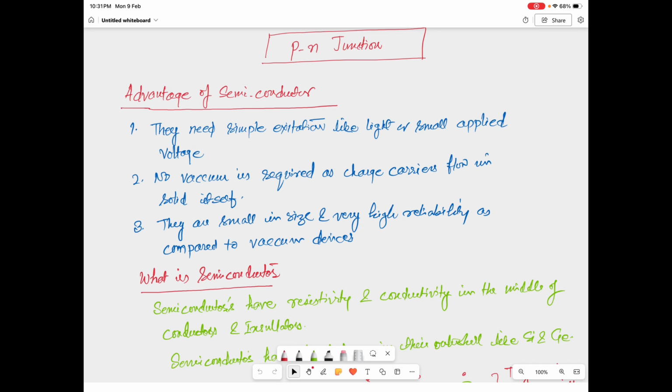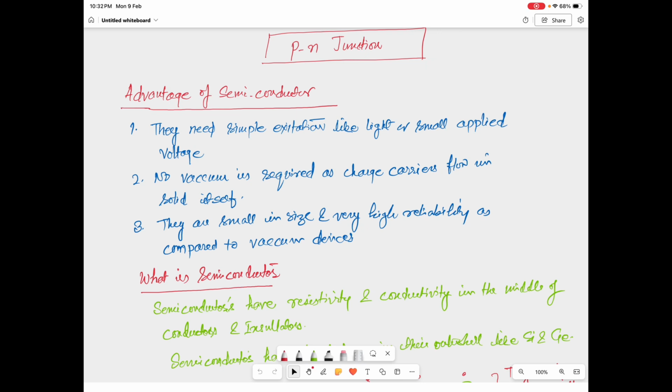If you have seen the old televisions, they were very big boxes with a lot of glass tubes, which are diodes and triodes, and they needed a high voltage to get excitation before they discharged the electrons for the flow of current.